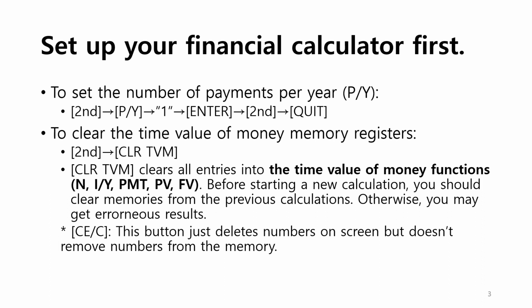Okay? So the CE/C button doesn't remove previous calculations from the memory. It removes previous calculations just from the screen. So if you don't clear the memory before starting a new calculation, then the information you input now may be mixed with the previous calculations that still remain in memory.